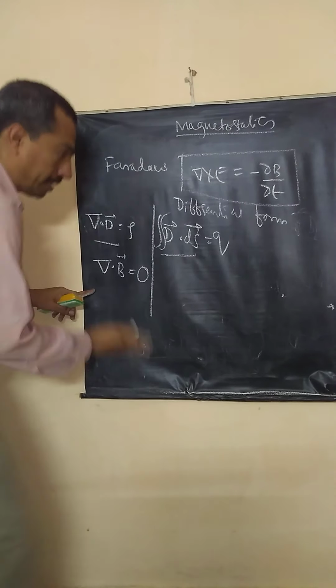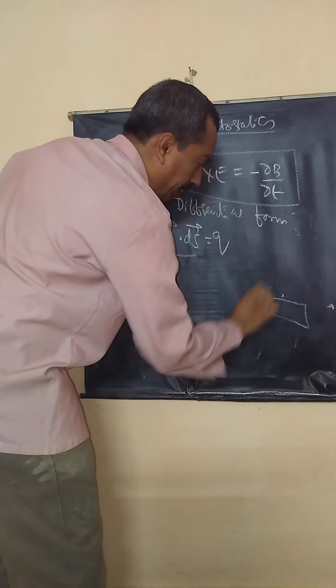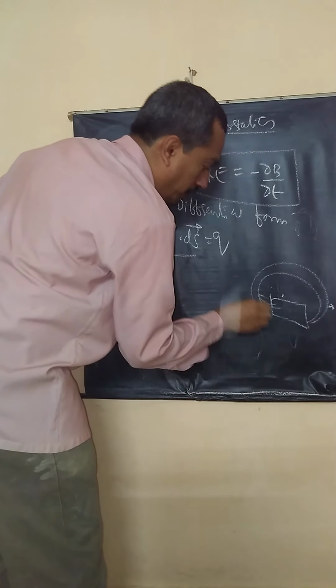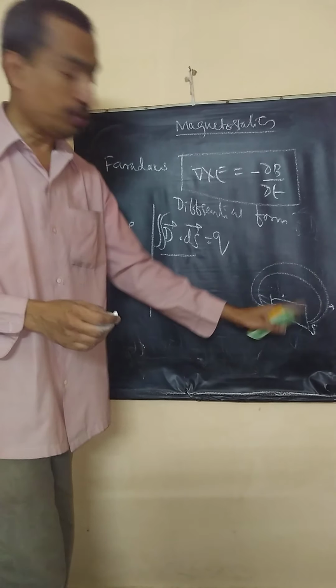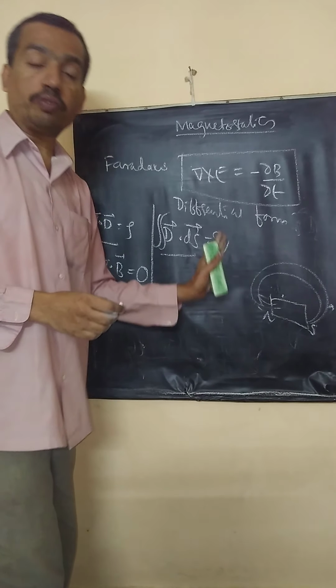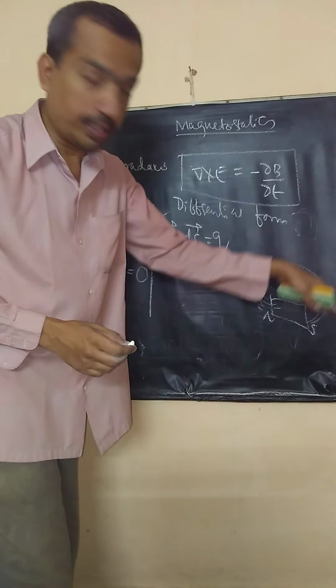Suppose you have a magnet here, magnetic flux lines start from north to south. Imagine a closed surface enclosing this. Correct? You will see if X number of lines go out of the surface, X number of lines come into the surface. So the number of flux lines going out of the surface is equal to the number of flux lines entering the surface.